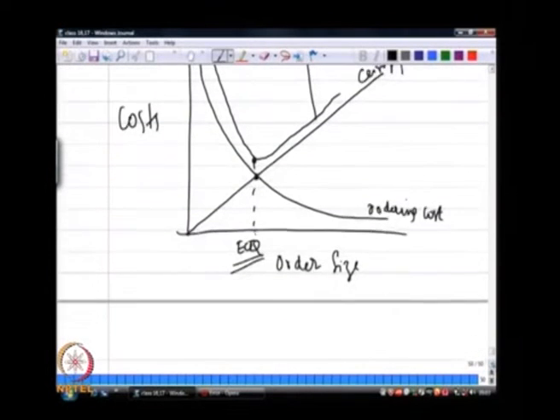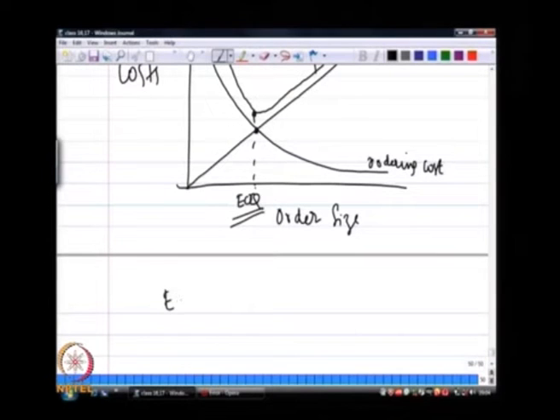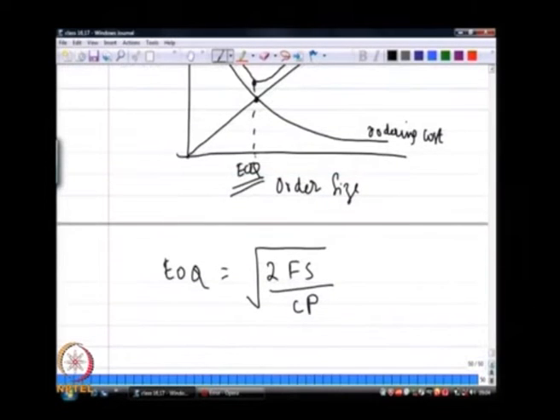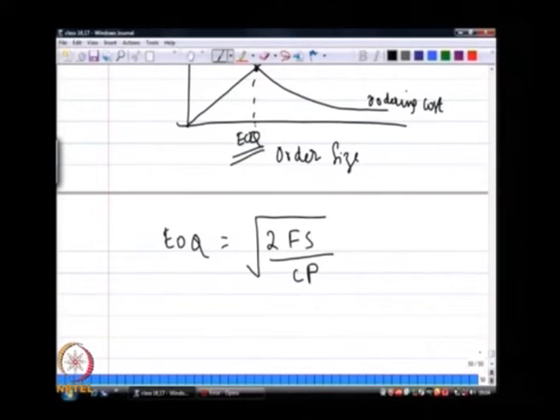quantity. And we related the economic order quantity with a formula, which is the square root of 2FS by CP, where EOQ is the economic order quantity and F is the fixed cost of ordering, placing and receiving the inventory, S is the annual sales, C is the annual carrying cost, which was in our example represented as a percentage of the average inventory value, and P is the purchase price that the firm pays per unit of the inventory.